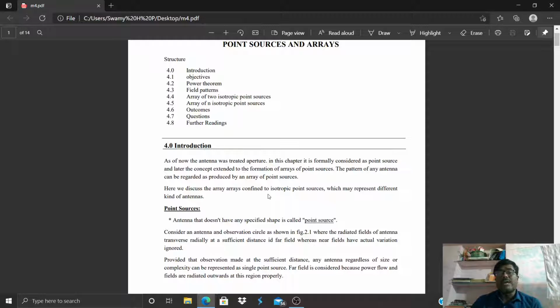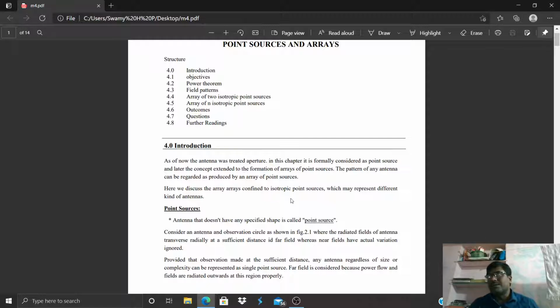Here we discuss arrays of point sources, which are related to isotropic point sources. Isotropic point sources means, like an isotropic antenna, it radiates power equally in all directions. These may represent different kinds of antennas depending on the structure, on how the point sources or isotropic antennas are connected.